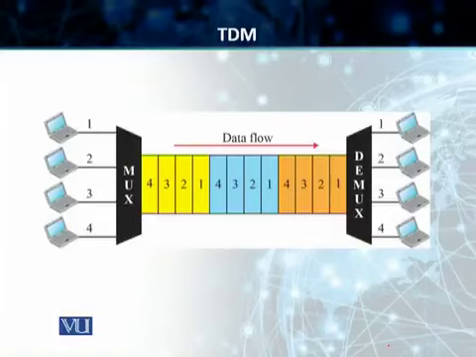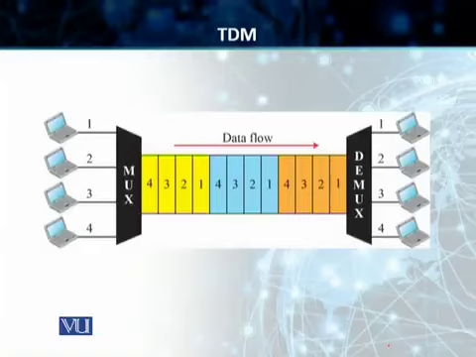So first, you take the data from each one of these connections, 1, 2, 3, 4. The second set is from the second set of sources, and then with every clock tick, the new set of data flows onto this high bandwidth link. Low rate channels on the left hand side are multiplexed into the high rate link.